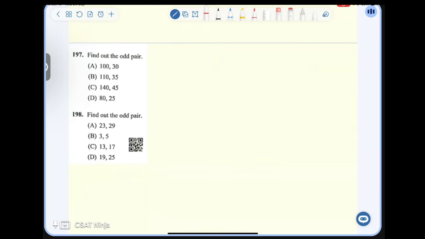Like I told you earlier, you use the smaller one and try to bring it up to this one. I can write it as 30 into 3, which is 90, plus 10. Let's check the other as well. 35 into 3 is 105, plus 10 will give me 115.